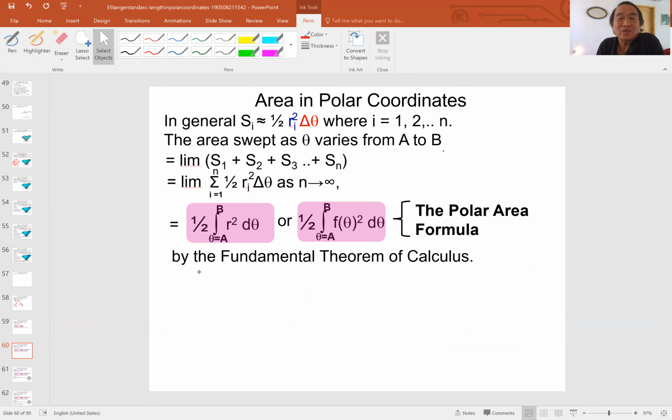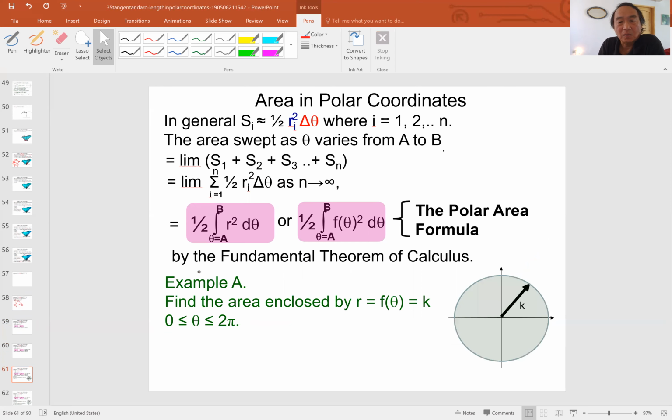Again, we are integrating r squared. So if the formula for r involves sines and cosines, then it would be integrating sine squared or cosine squared.